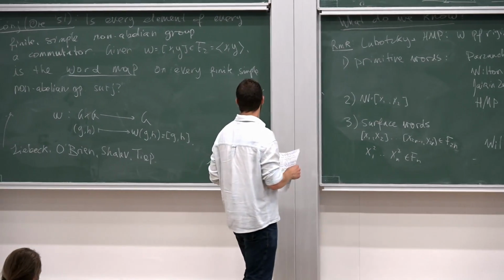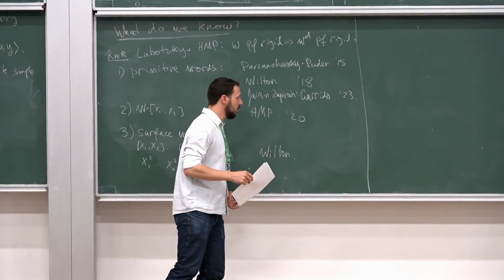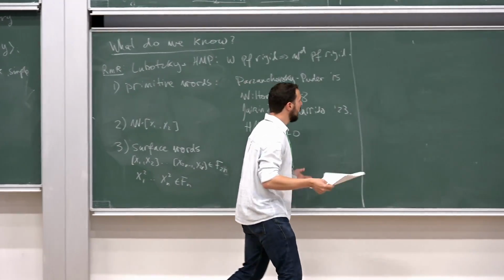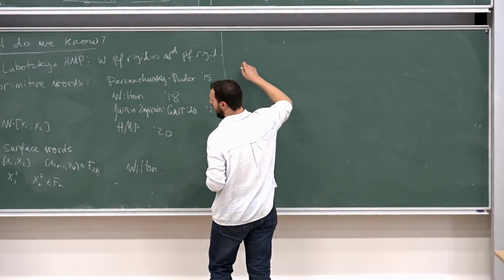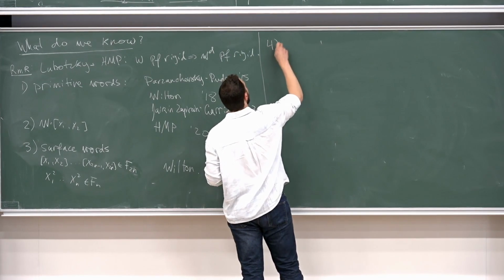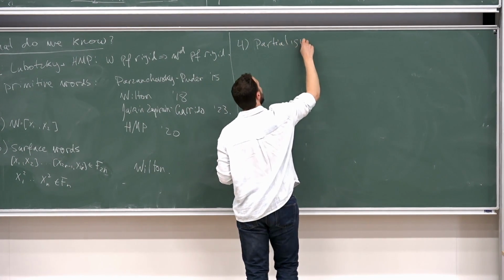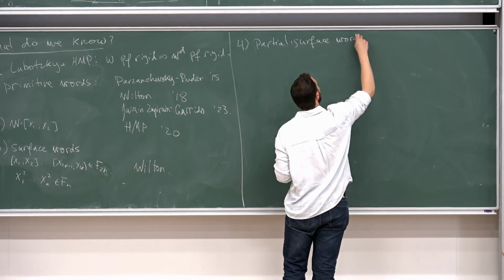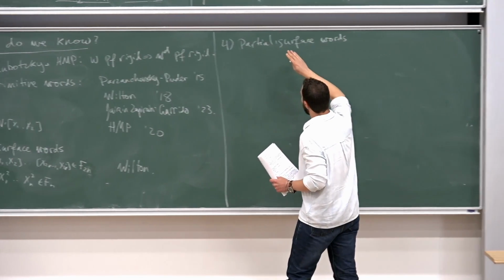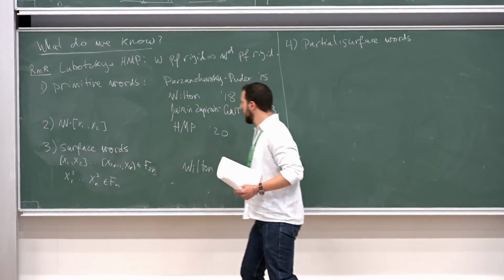And finally, the profinite corollary that I would like to mention today, that follows from the topological statement that I will mention later, is the following. So partial surface words are also profinitely rigid. And what I mean by partial surface words is to take any of these words and truncate it.